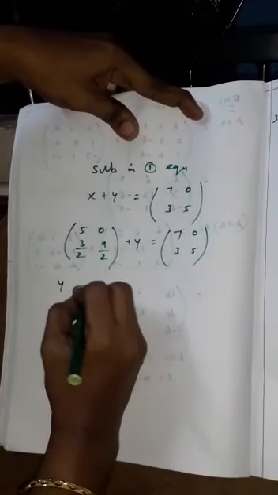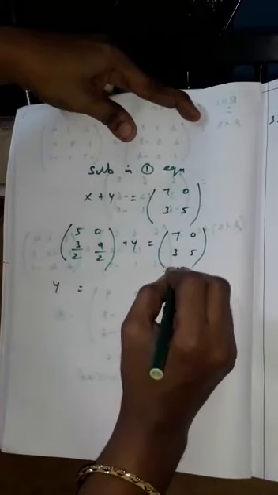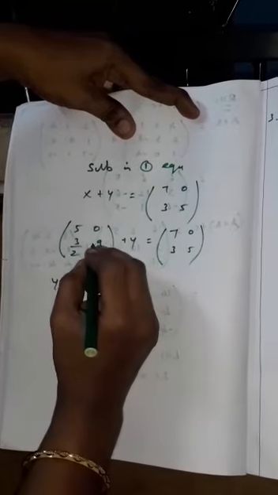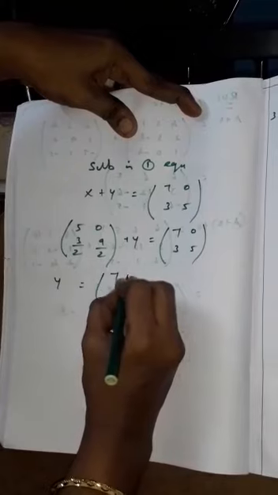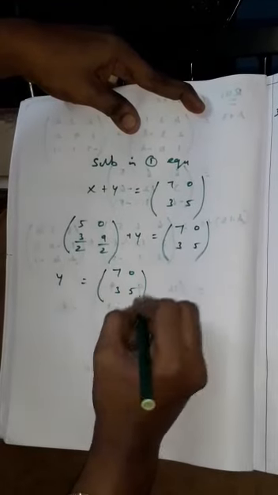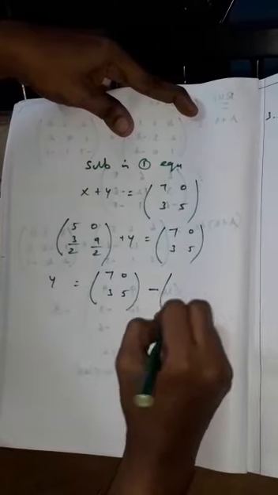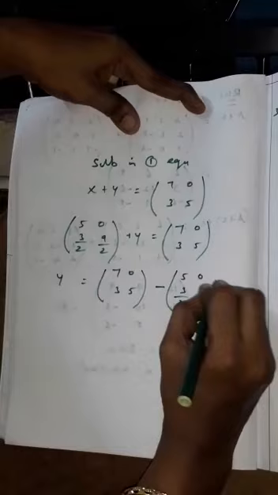So y equal to, the right hand side term is already given, write it first. Then the left hand side term goes to the right hand side; plus changes into negative. So write [7 0 3 5], positive sign given, change into negative, minus [5 0 3/2 9/2].